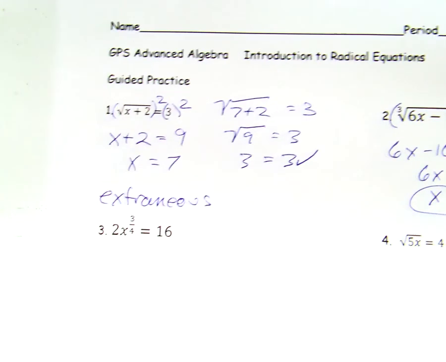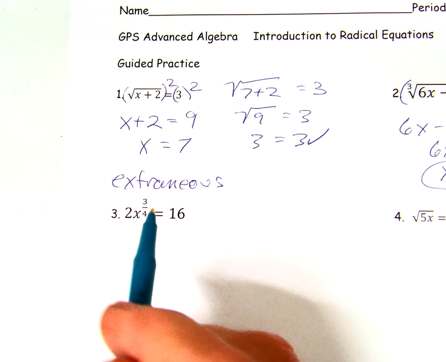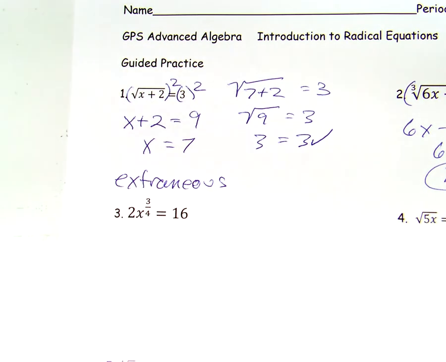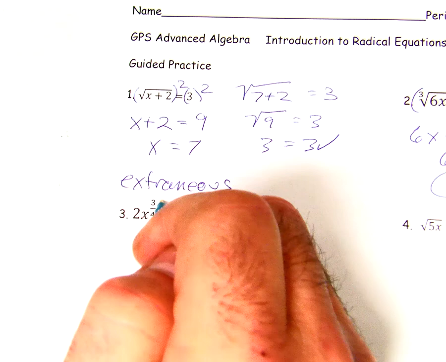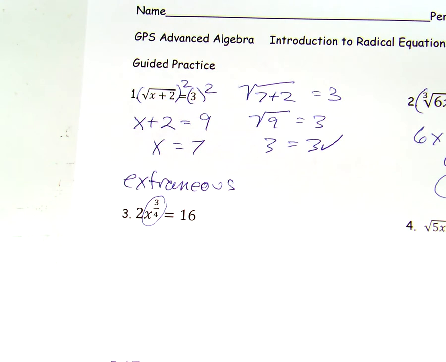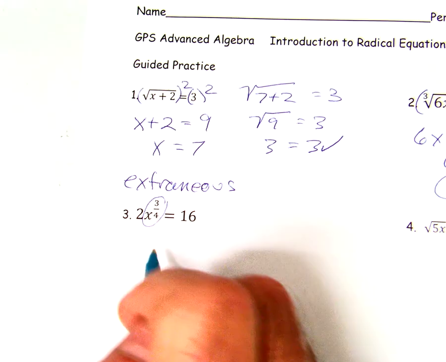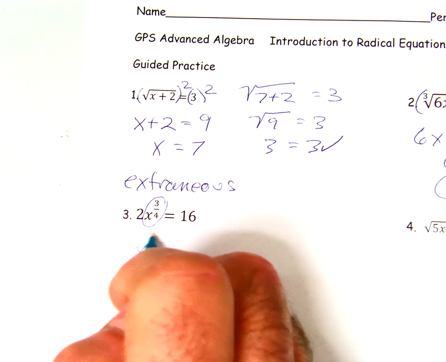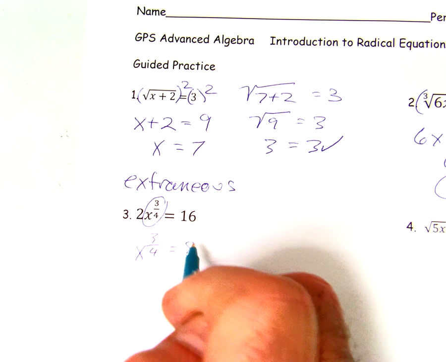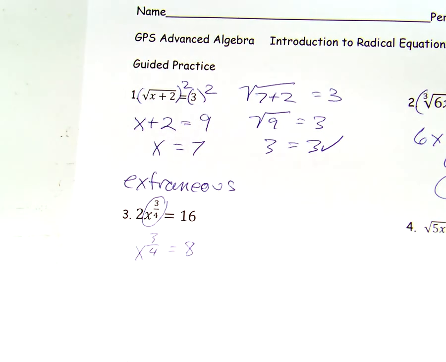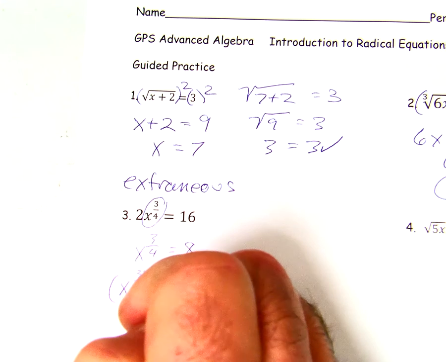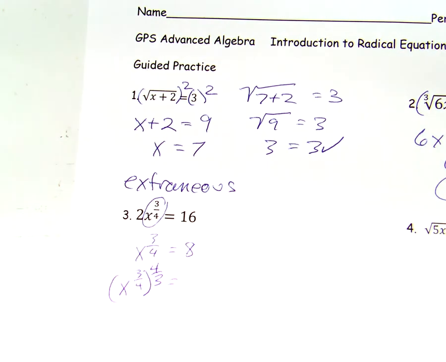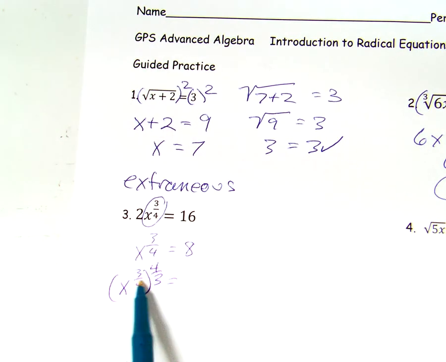Okay, third example. Here we have rational exponent notation. We want to isolate this radical expression right here. So we're going to divide both sides by 2, and that gives x to the 3/4 power equals 8. Okay, now we can use the power of a power property, and what that means is we can multiply these exponents times each other to get 1.